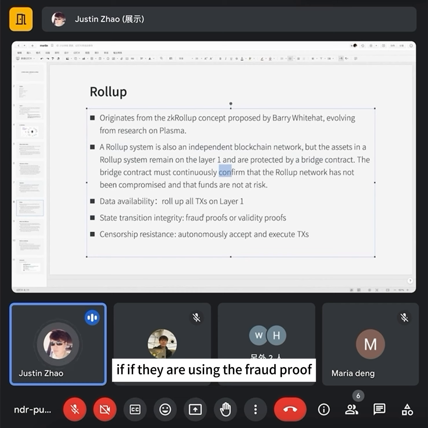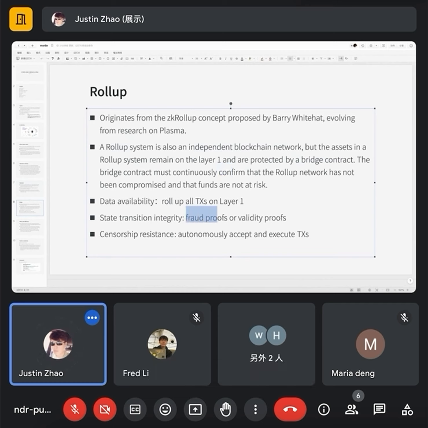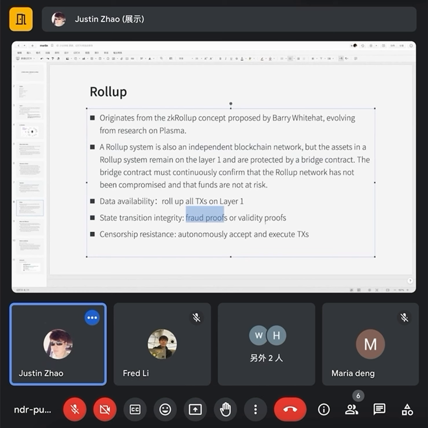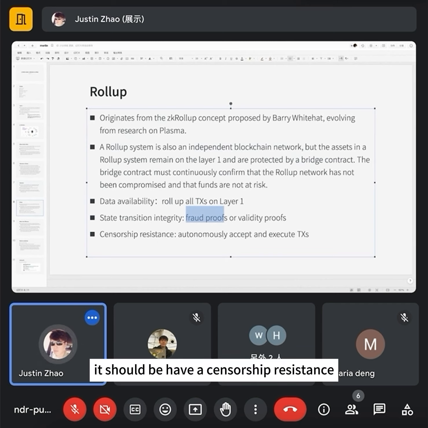If they are using the fraud proof, it's an OP rollup. If they are using the validity proof, it's a ZK rollup. And also, I'm sure it should have censorship resistance.